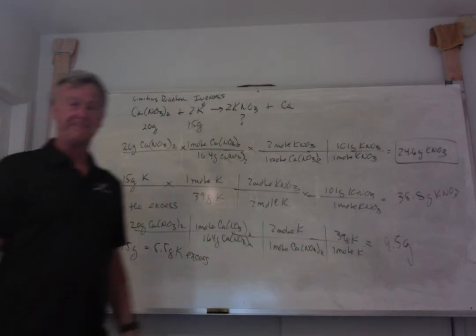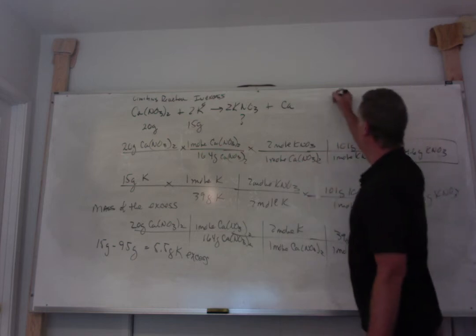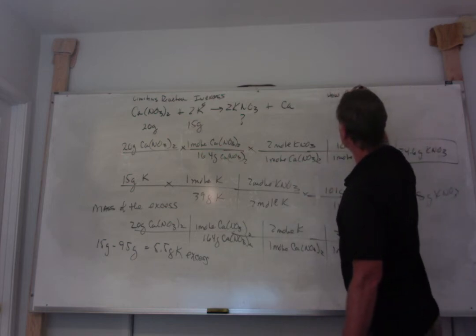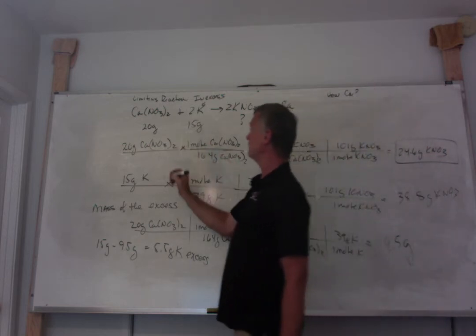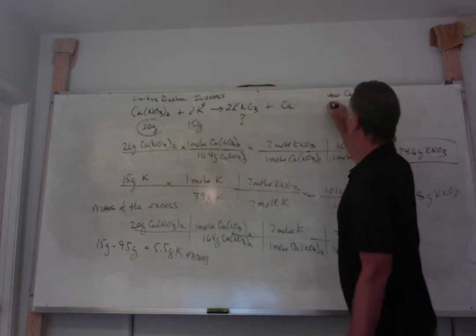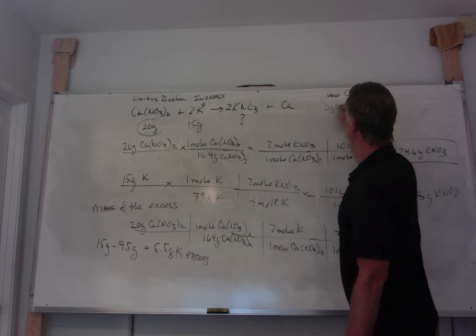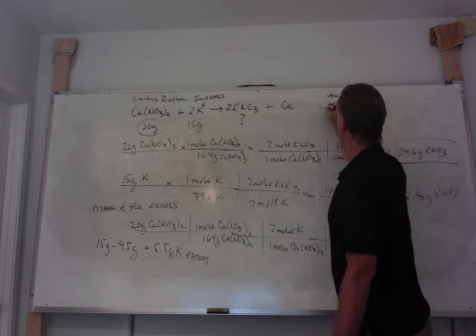Another tack on would be to then stop at this point when this is all done and say, how much calcium is produced? Well, what a lot of students will do is do the whole problem again, but actually I now know that that controls the problem. So this would be 20 grams of calcium nitrate.